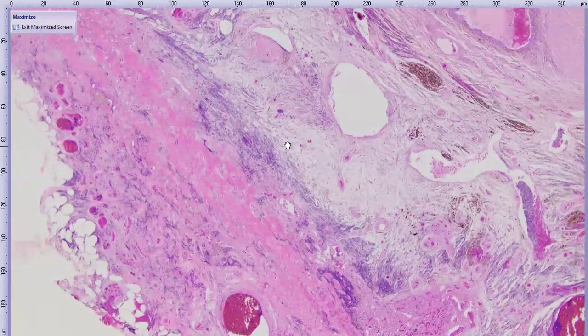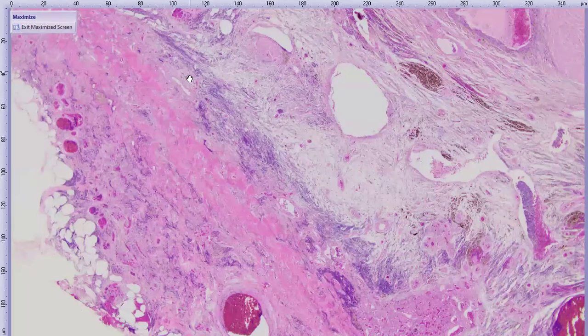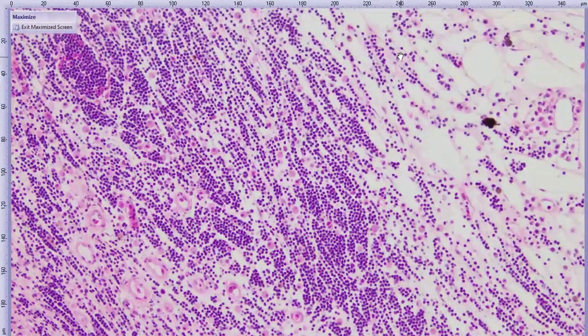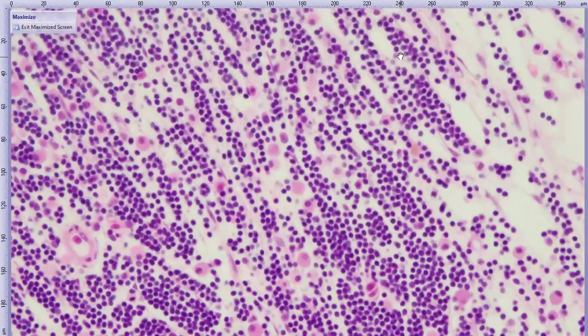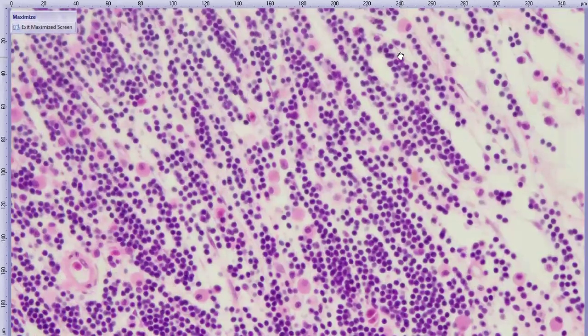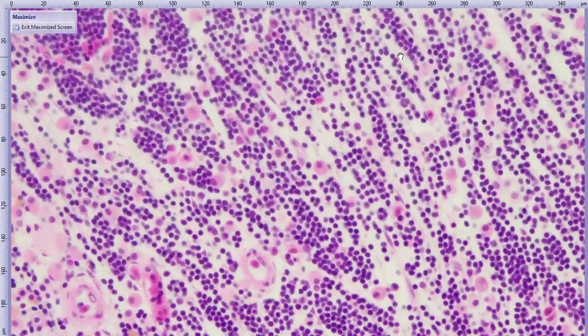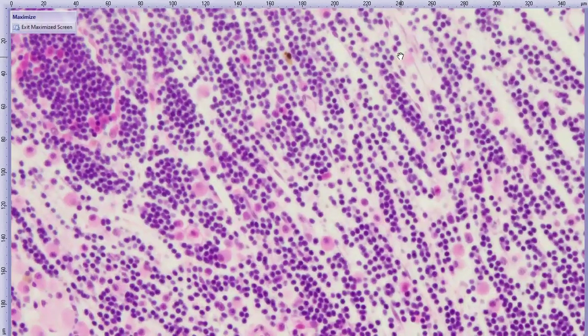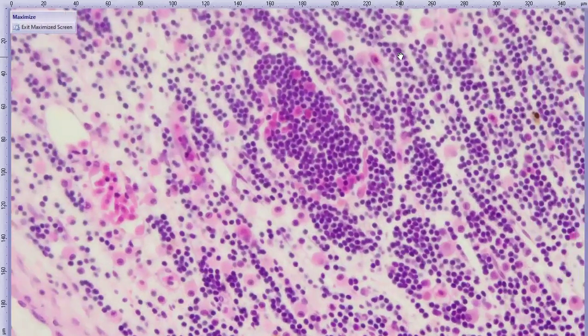Over here, especially along the sclera, maybe in the suprachoroidal space on this side, maybe in the choroid up here, we have a lot of these small round cells. Lots and lots of monotypic looking round cells with small nuclei and a condensed chromatin pattern. They don't look particularly pleomorphic or angry, but they are packed into blood vessels frequently.